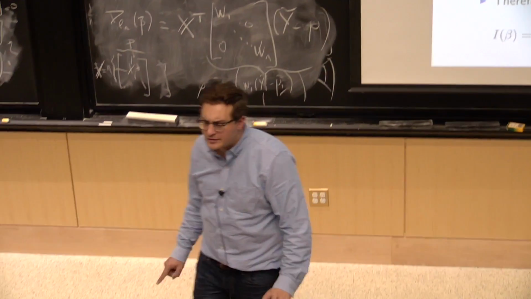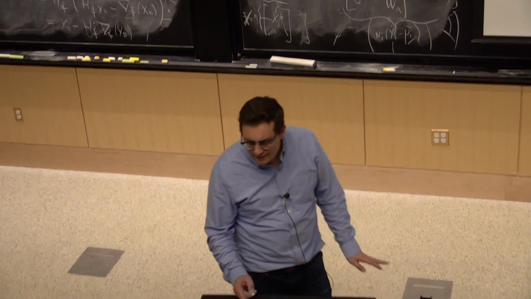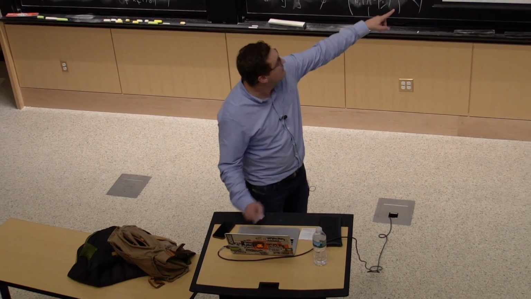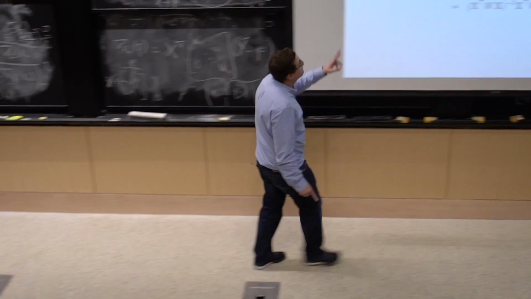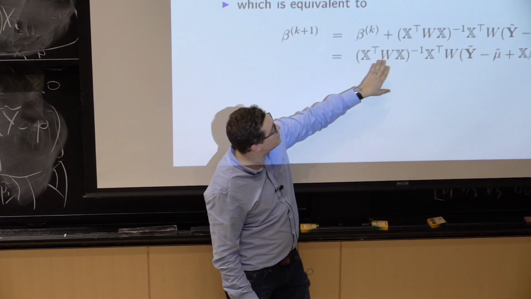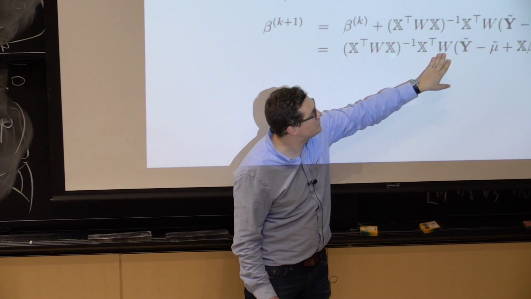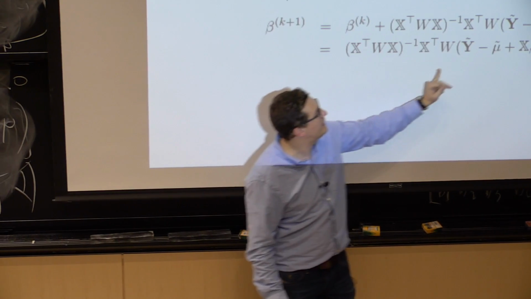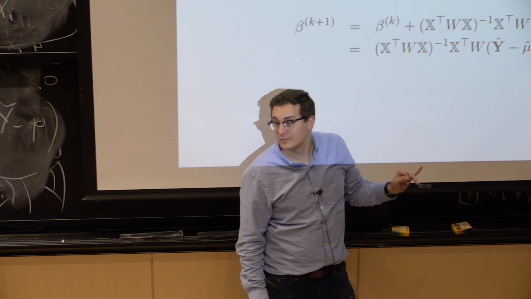Now you might say, how do I reconcile those two things? What am I doing? What I'm doing is essentially saying that if you write beta k according to the Fisher scoring iterations, you can write it as just this term here, which is of the form x transpose x inverse x transpose y, but where I actually squeezed in these w's.